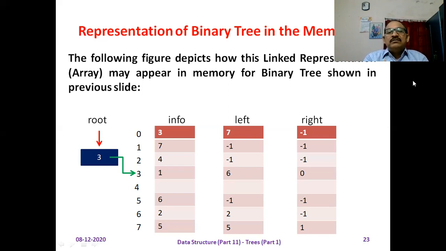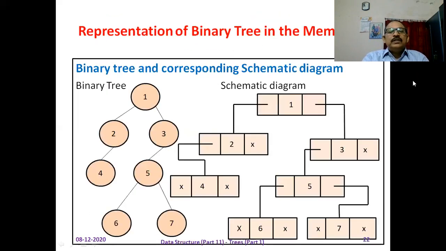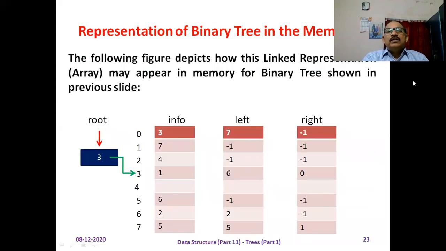And the right child of node 3, that means right 0, is equal to -1. It indicates that there is no right child of node 3. So this way you can represent a binary tree with the help of an array.